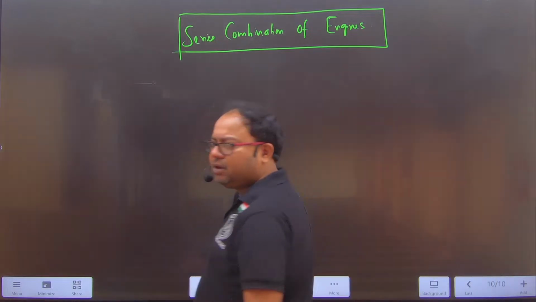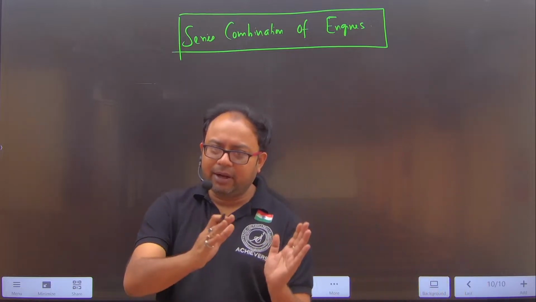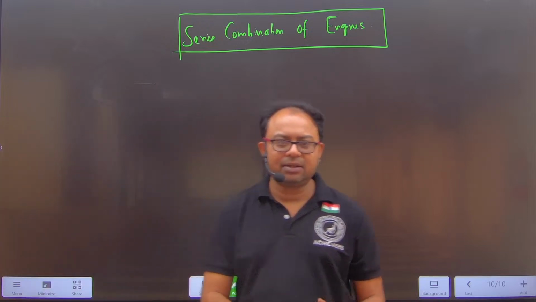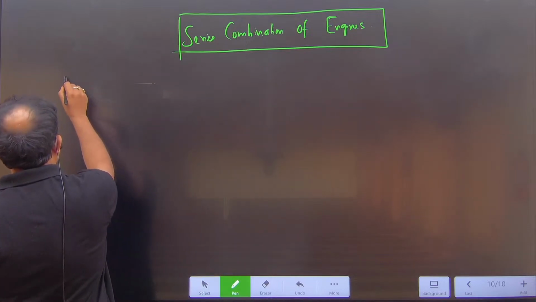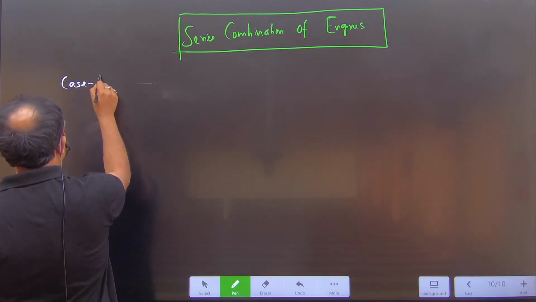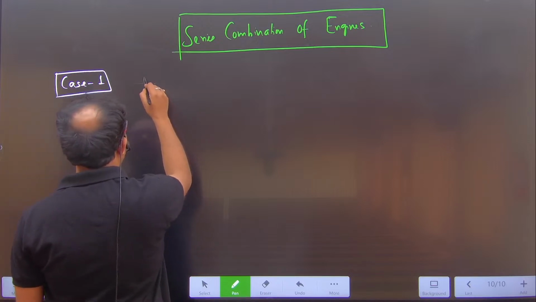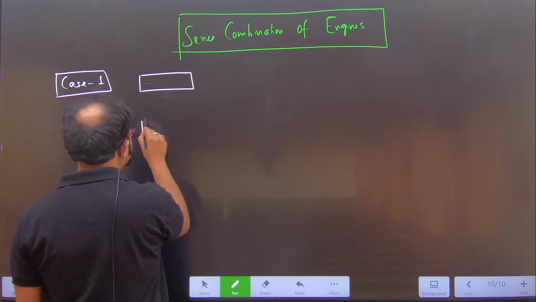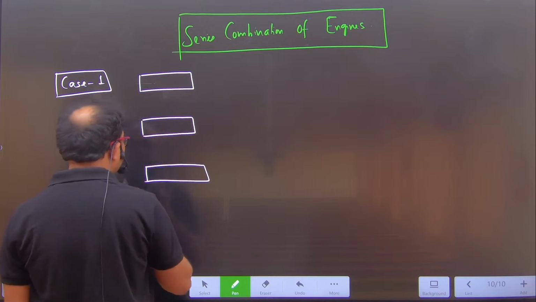At first, we'll consider combination of two engines, then we'll consider combination of three engines, and then we'll generalize the facts. So, in case 1, we'll have a combination of two engines.